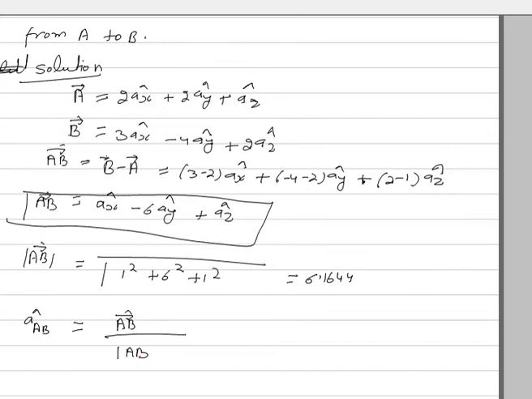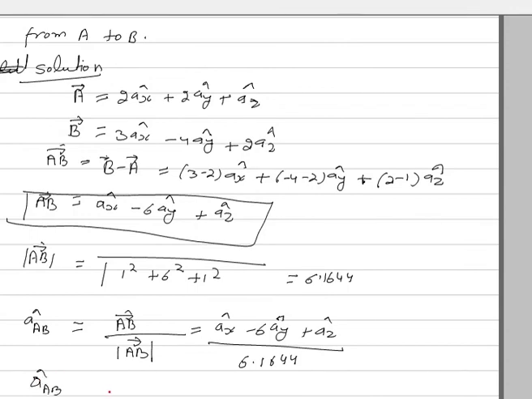This is the expression of the unit vector. So now put the value of vector AB, unit vector Ax minus 6 Ay plus Az, and divide by the magnitude of this vector, 6.1644.